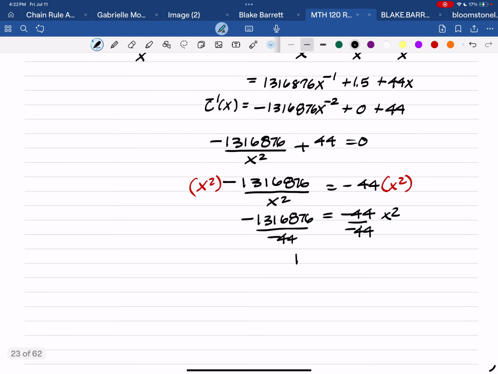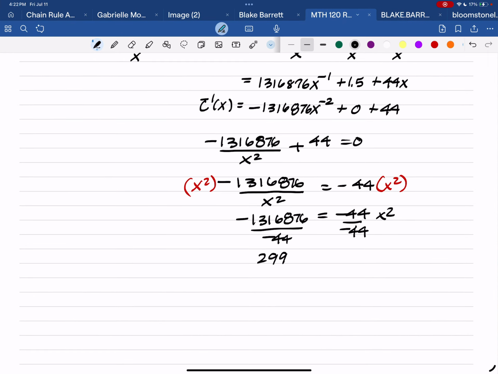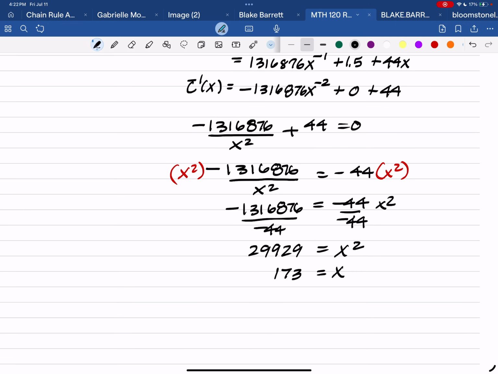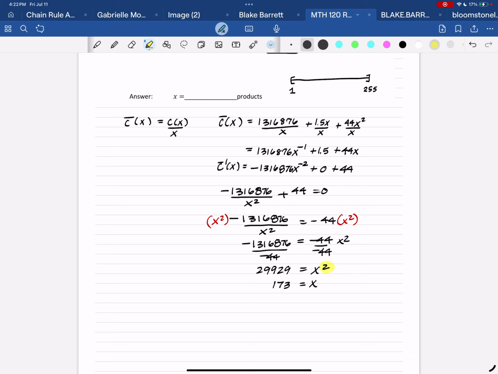Let me check. 1,316,876 divided by 44 is 29,929, which is x squared. So x is 173 when you take the square root. It's technically negative 173 and positive 173 because x squared equations have two answers, but we only want the one that's between 1 and 255, which is 173.